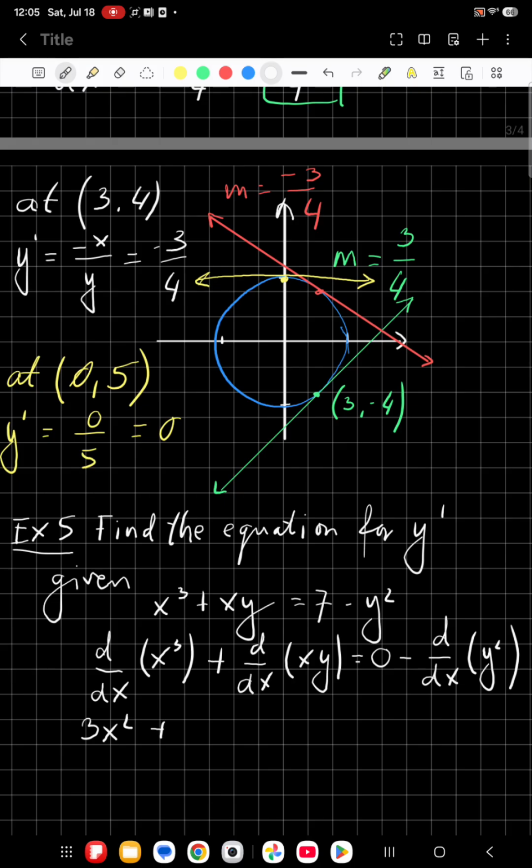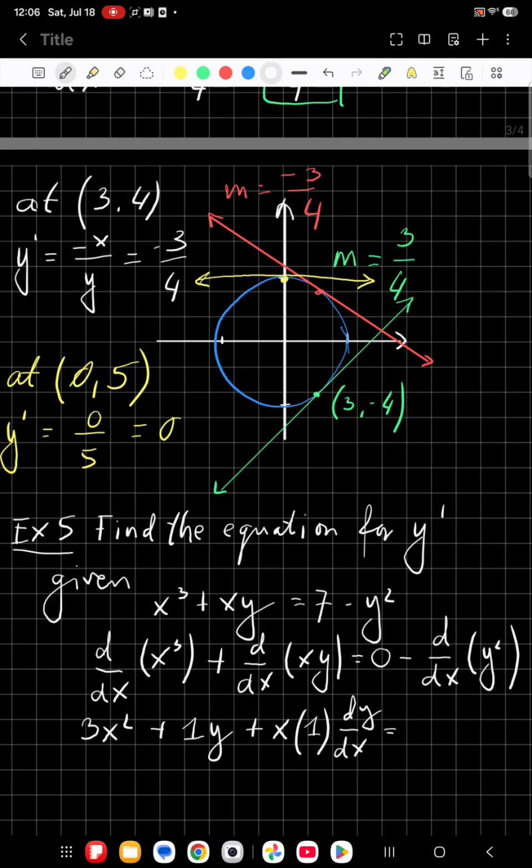The second one, again, we have x multiplied by y, so I need to use the product rule. So derivative of x is just 1, times the second factor unchanged, plus the first function unchanged, times derivative of y, which is 1, times the derivative of that inside, so dy/dx.